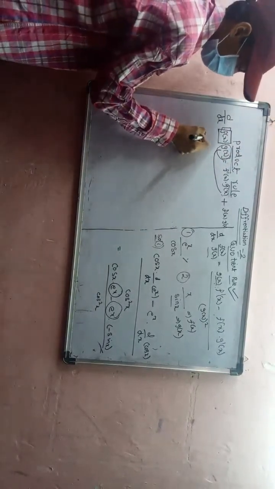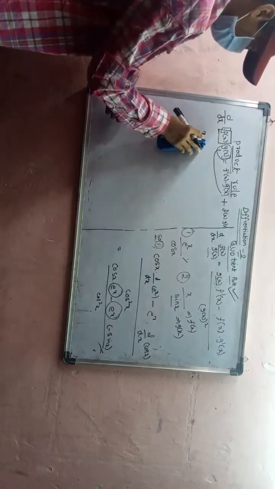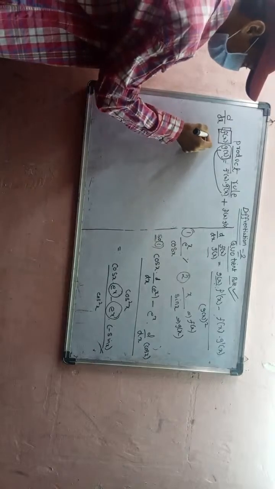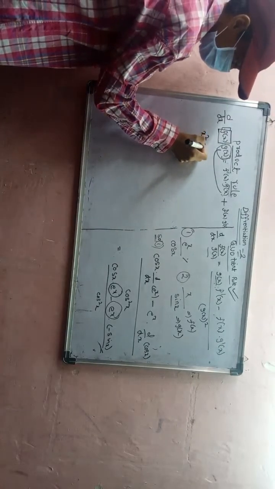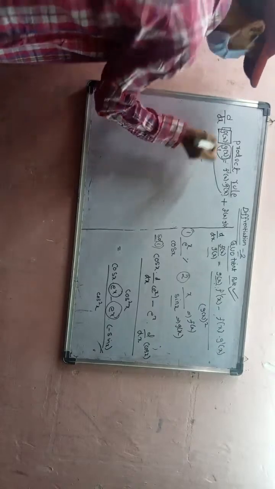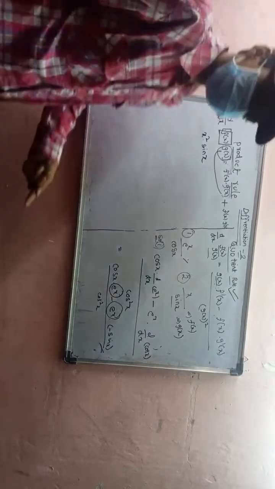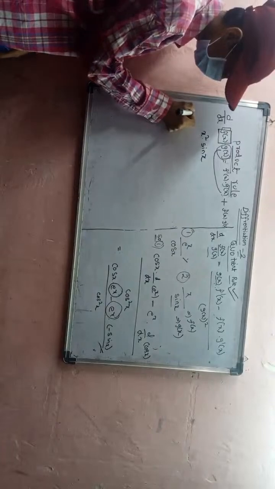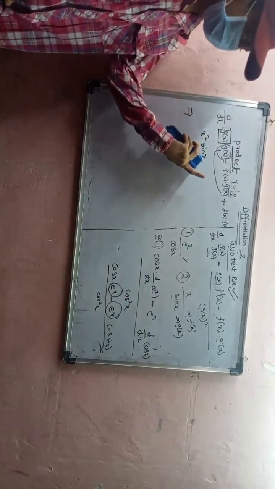So x square into sin x. Did we discuss this? Cos x we did. This is now x square into sin x. Now how to do this? Simple. See here. First here x square, then sin x.